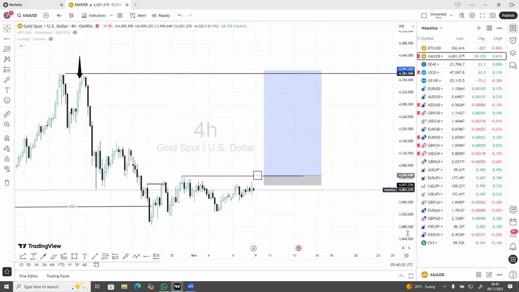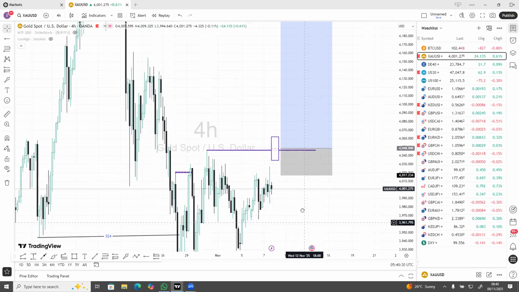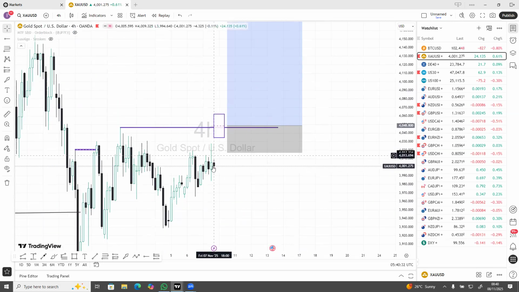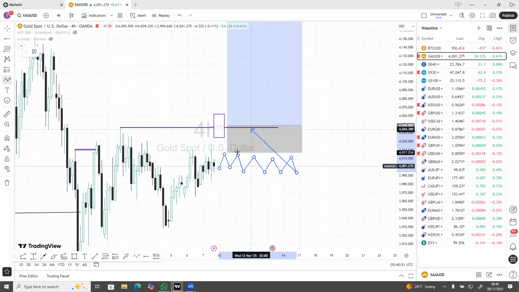Okay. So next week hatuwezi jua tena price inawezekana high volatility au inawezekana low volatility. So we're supposed to wait for a candle closure above that area. Pia unaweza ukasubiri candle closure above that area, ukasubiri for a while, for a long time, price ikawa inaconsolidate humu.